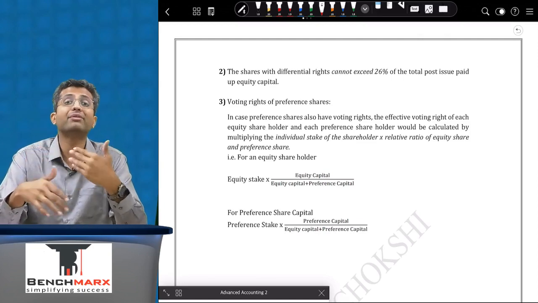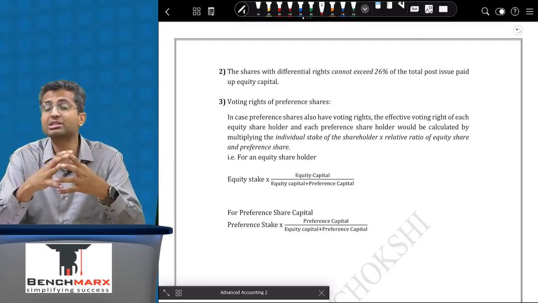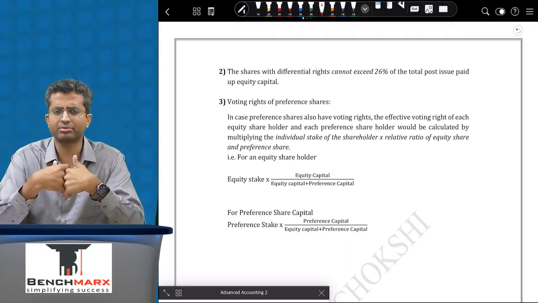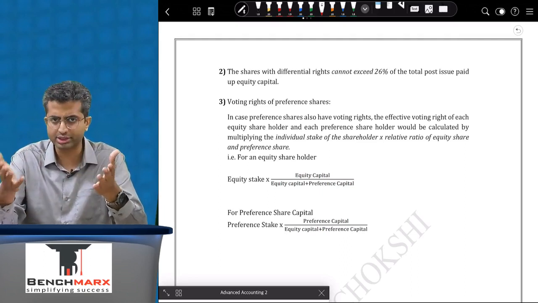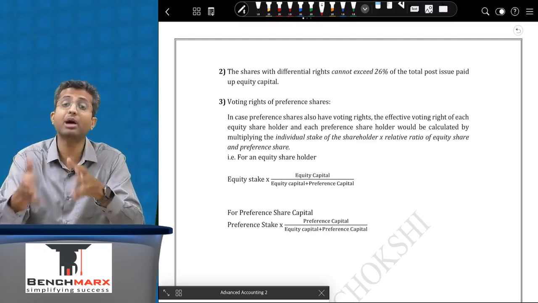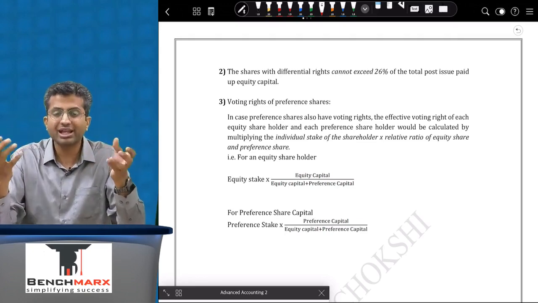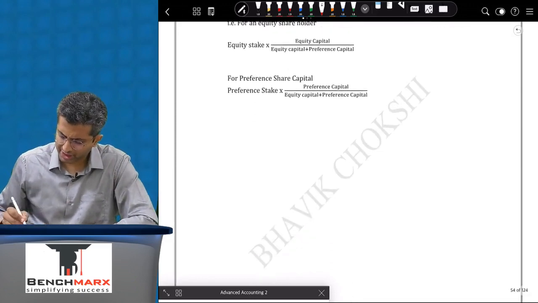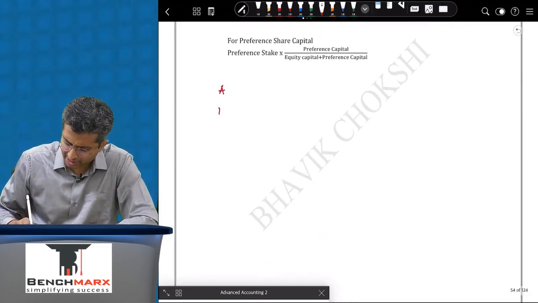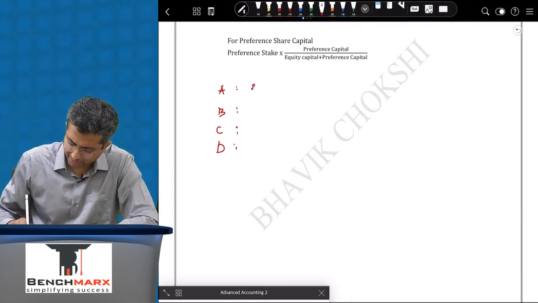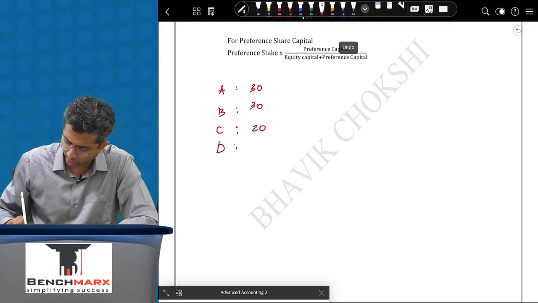Or if the preference shares dues like preference dividend or the principal is overdue beyond 2 years, or the company is in the process of winding up, then the preference shares get a right to vote in every resolution. But then how will you calculate the percentage voting rights? Well, for example, the company has 4 equity shareholders holding, for example, 30, 20 and 20.